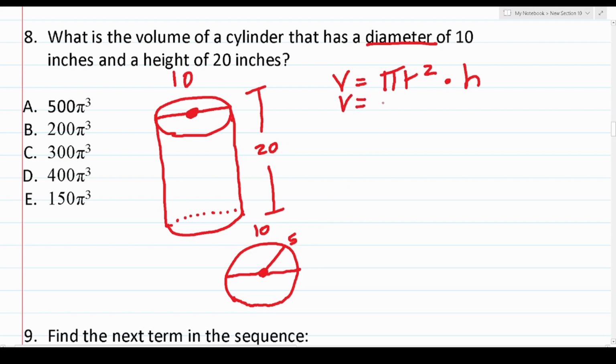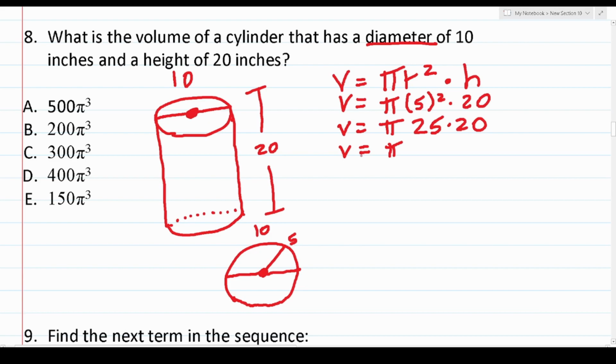Let's go ahead and work this math out. It's not too difficult. R is 5, so this is 5 squared times height, which is 20. Let's keep working this out. This is pi. 5 squared is the same as 5 times 5, which is 25 times 20. You should be able to do 25 times 20 mentally.